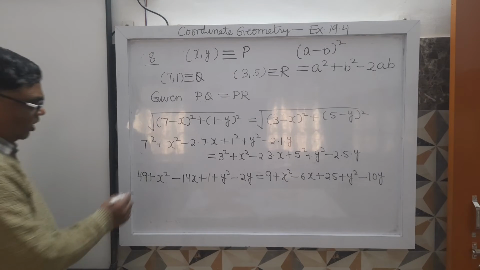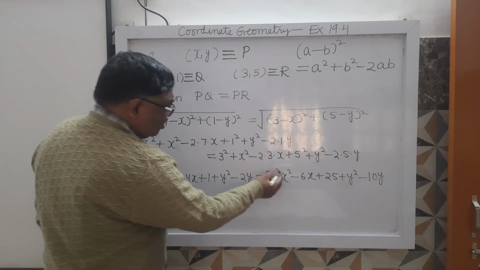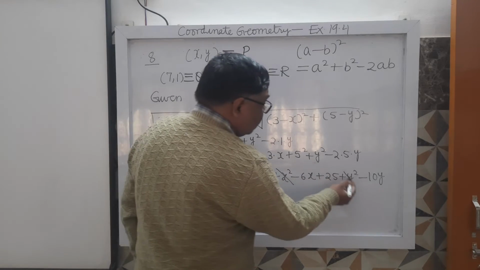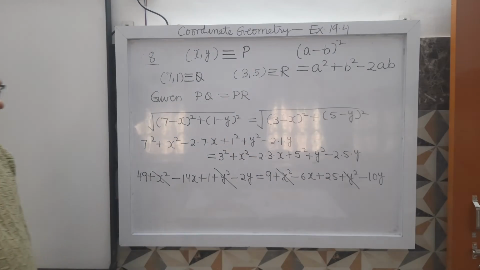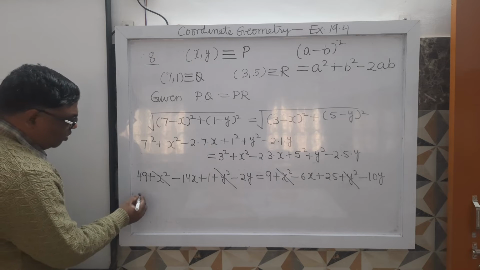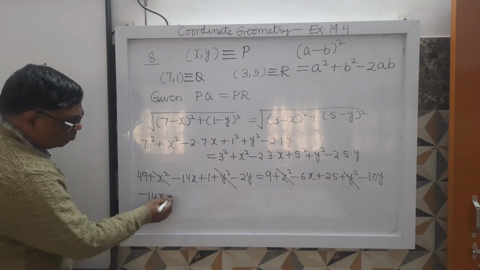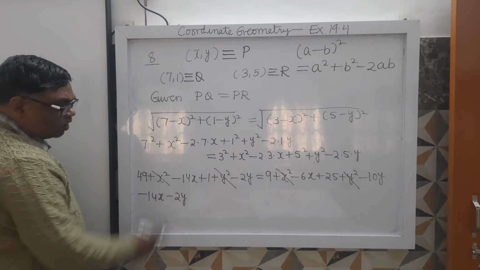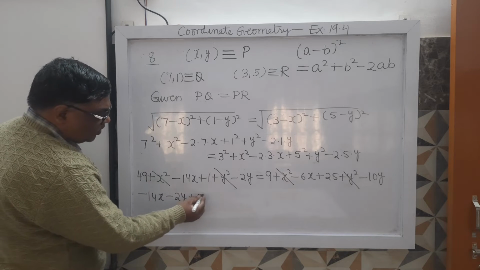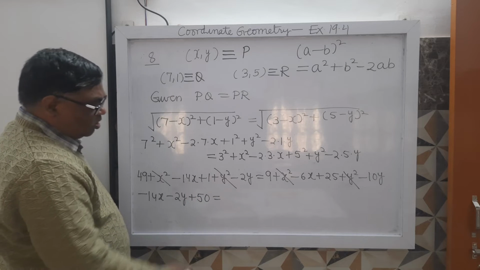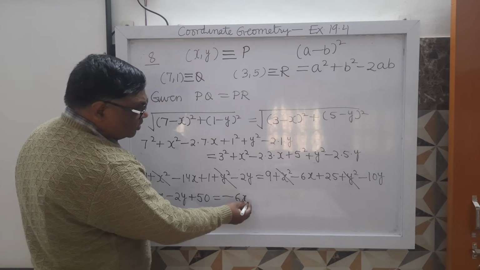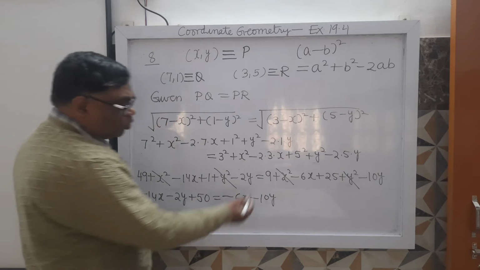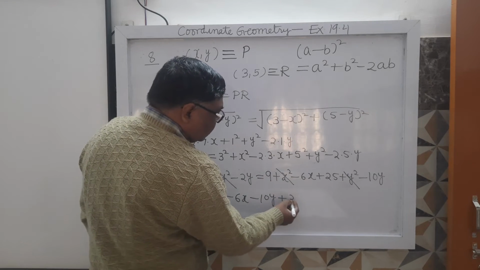So see here, x square cancels, y square cancels. So what will you get? Minus 14x minus 2y, 49 plus 1, 50, equals minus 6x minus 10y and 25 plus 9, 34.